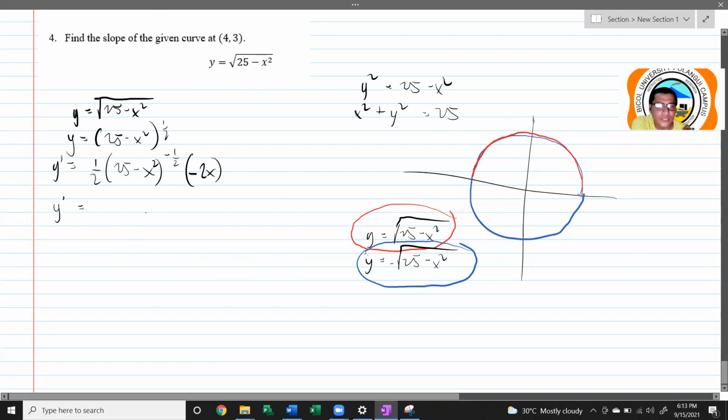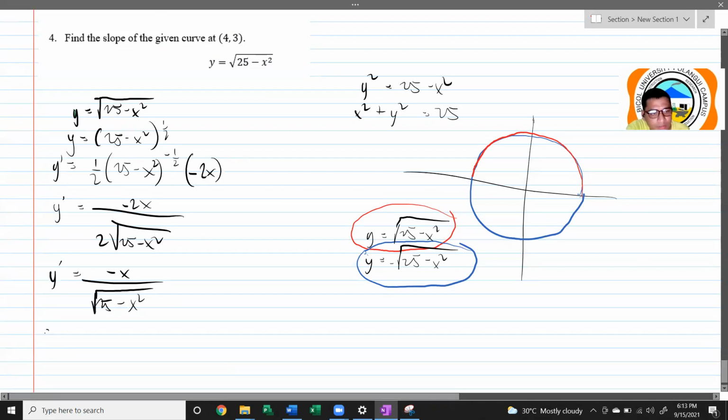So our y prime becomes negative 2x over 2 times the square root of 25 minus x squared. We have a common factor 2, so it cancels out. So we have negative x over the square root of 25 minus x squared.